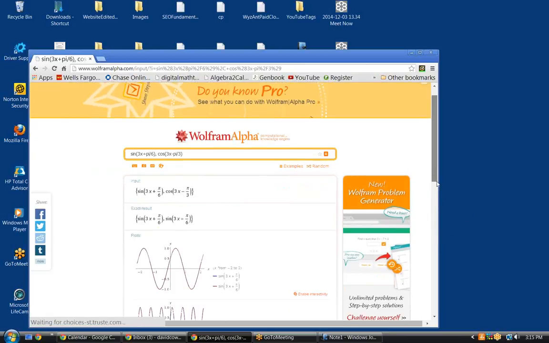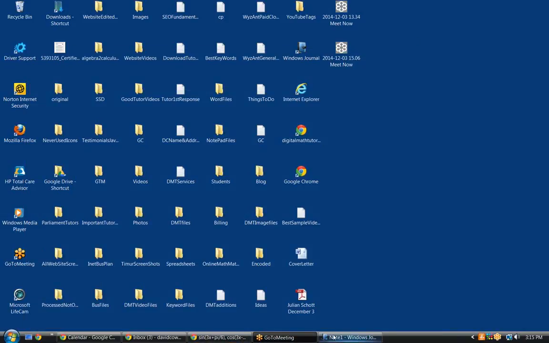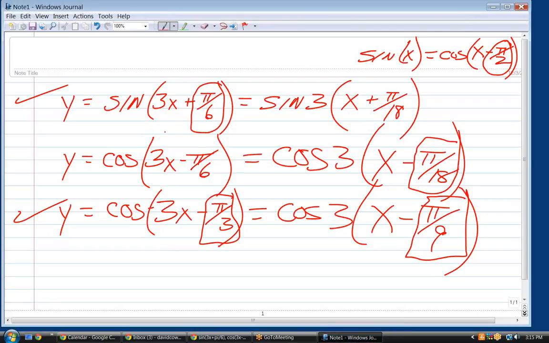They do. The sine and the cosine on the same graph, and of both lines you only see one line, so they do overlap. Okay, so what that tells us is that we don't want to factor out that 3.